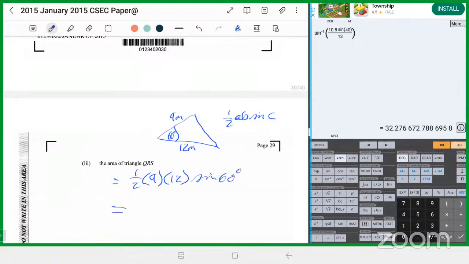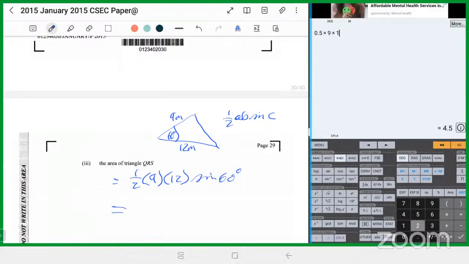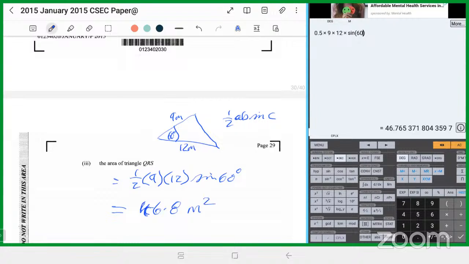All right, let's work that out. So it's 0.5 times 9 times 12 times the sine of 60 degrees. I'm getting 46.8. Corrected to three significant figures, 46.8, and it has to be meters squared. That's the area of that triangle.